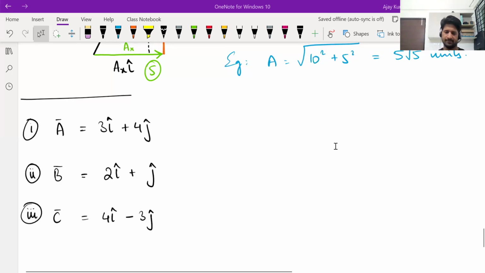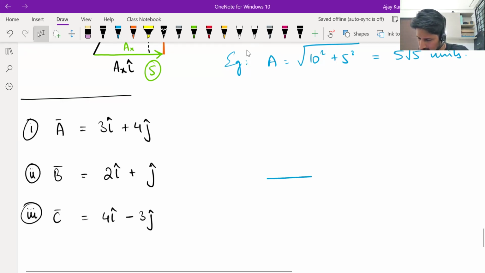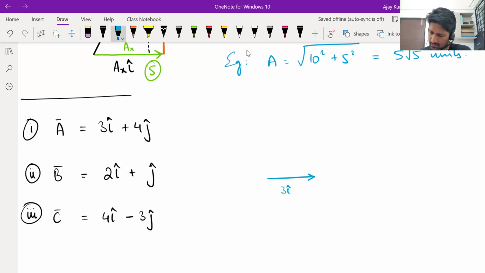Okay, listen. You have a formula, root of ax square plus ay square. You can visualize the vector also if you want. Then use Pythagoras theorem. That's the idea. Now 3i cap plus 4j cap. Let me quickly draw this vector for all of you. 3i cap will be this way. Plus 4j cap.